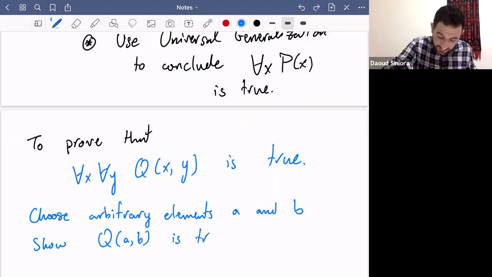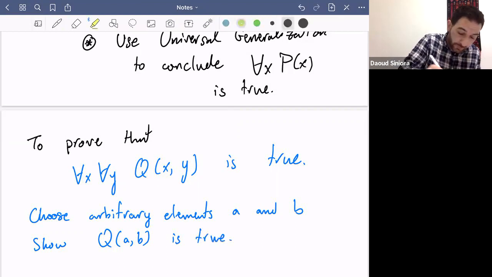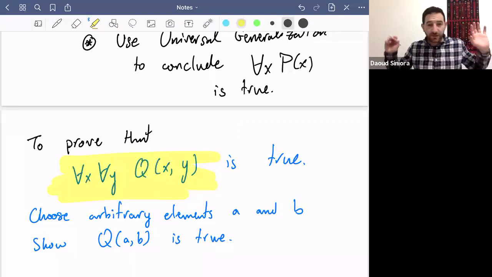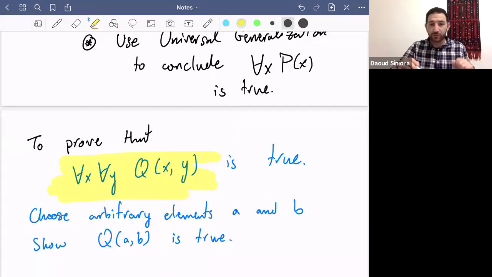And once we show this, it means that we managed to prove our desired statement. So if we choose arbitrary elements A and B and we show the pair A,B has property Q, this means that for every x, for every y, Q of x,y is a true statement.